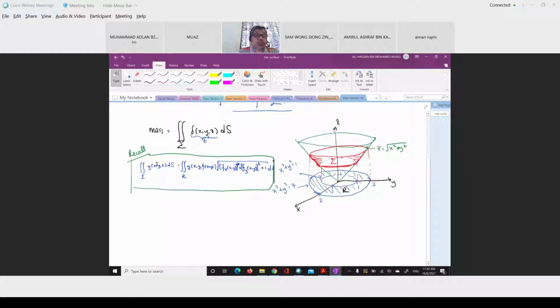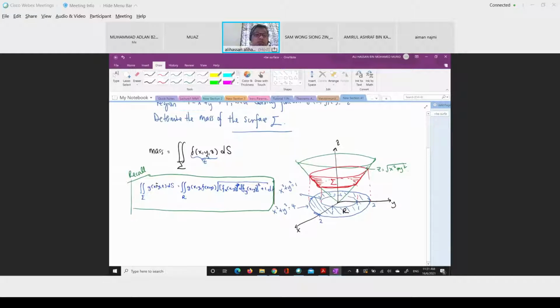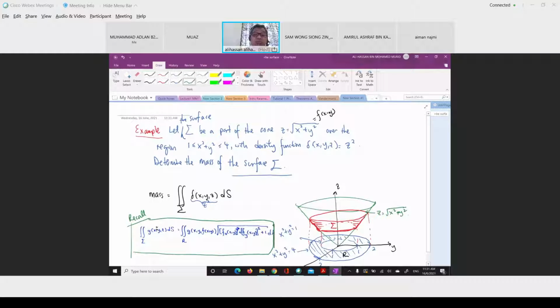So g is z squared in this case, and we have f(x,y) in this formula. f(x,y) comes from the equation of the surface, z equal to the square root of x squared plus y squared.